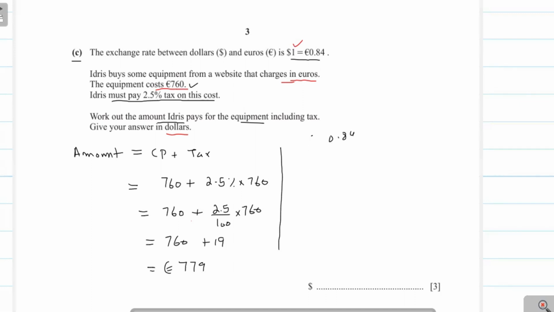0.84 euro is equal to $1. And here 1 euro will be equal to 1 over 0.84, and 779 euro will be equal to 1 over 0.84 multiplied by 779.